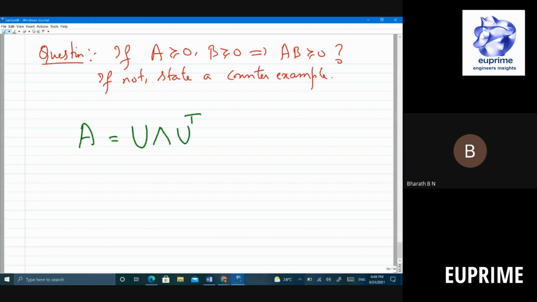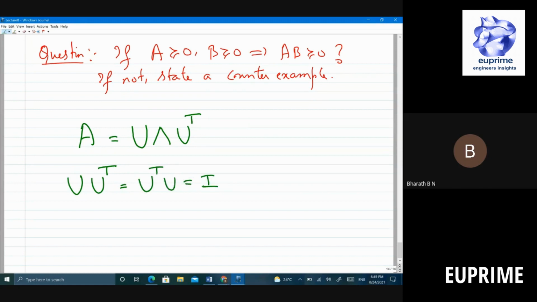By the way, if A has complex entries, it means U lambda U Hermitian is what we should look at. Now, what kind of a matrix is U? That is something you should always remember. U transpose U is the same as U U transpose, which is the same as identity.